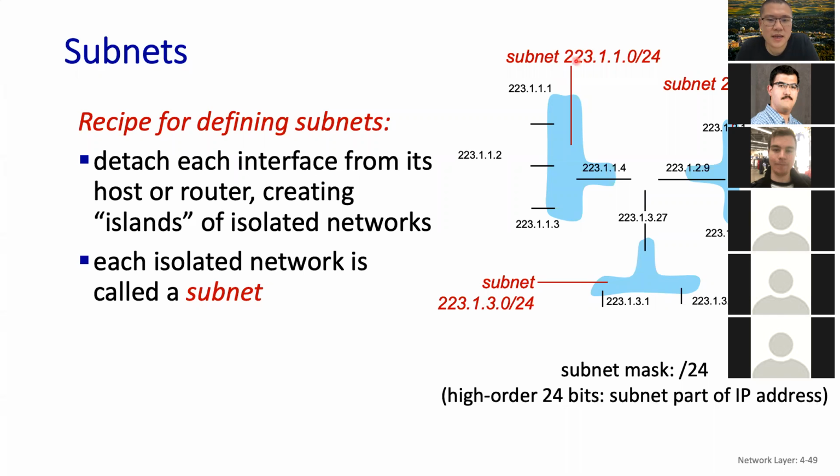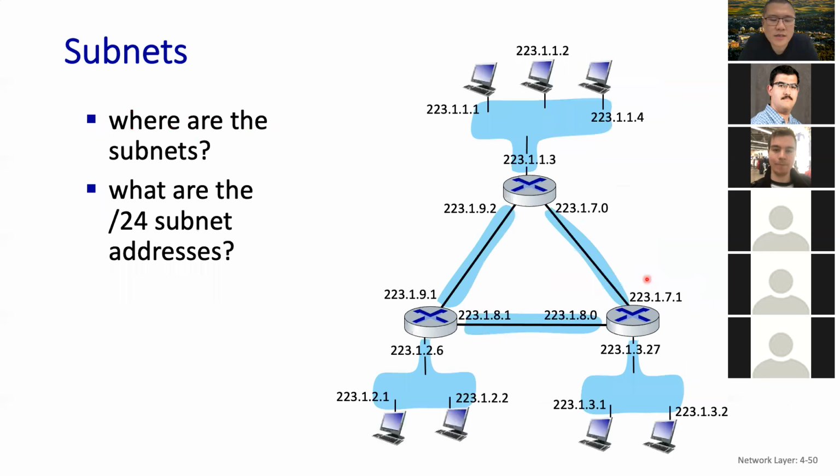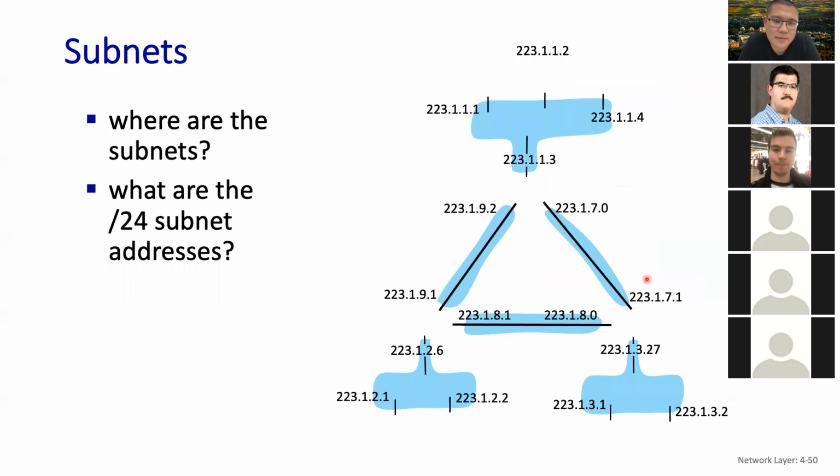To be precise, the first 24 bits for the different subnets have no relationship. They can be totally different. But within the same subnet, they should be the same. So where are the subnets in this figure, and what are the /24 subnet addresses? That's just a quick example, right?